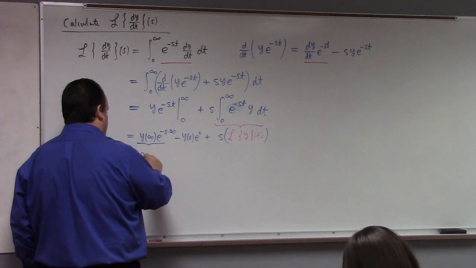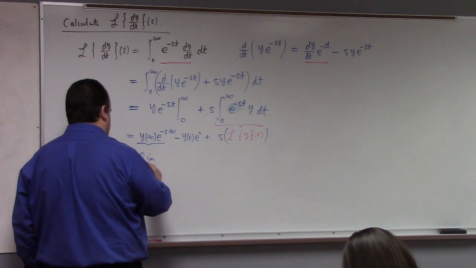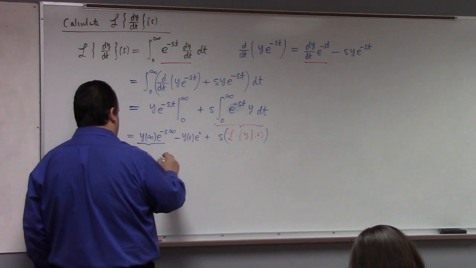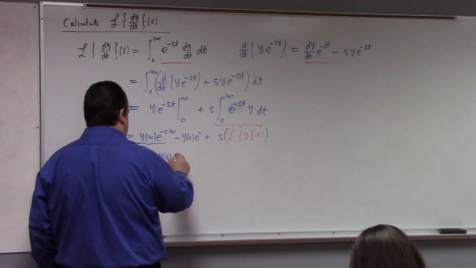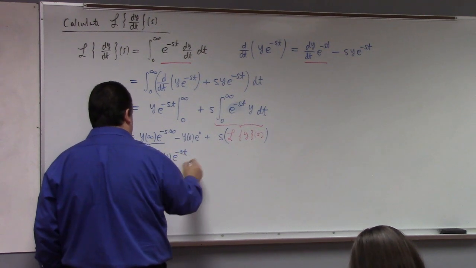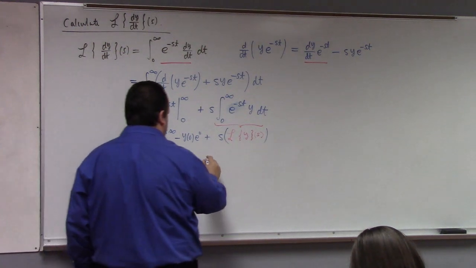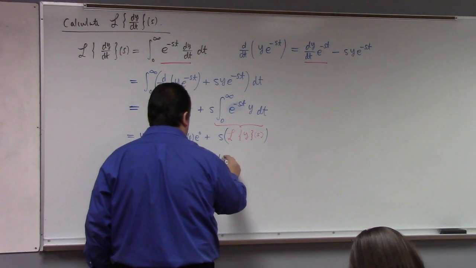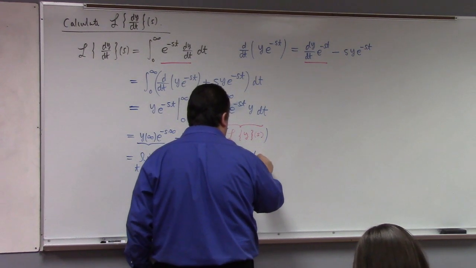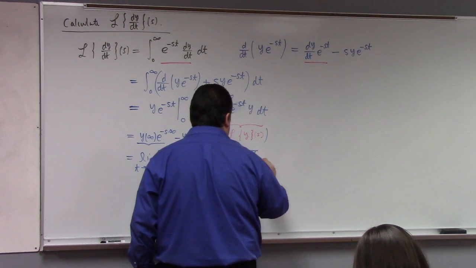Really, it's the limit. I'll write out the limit this time. Limit as t goes to infinity of y of t times e to the minus st. That's what we actually have there if I write out the details, right? So then minus y of 0 plus s times, I'm tired of writing that, so I'm going to write the big Y, if you don't mind. Big Y of s.